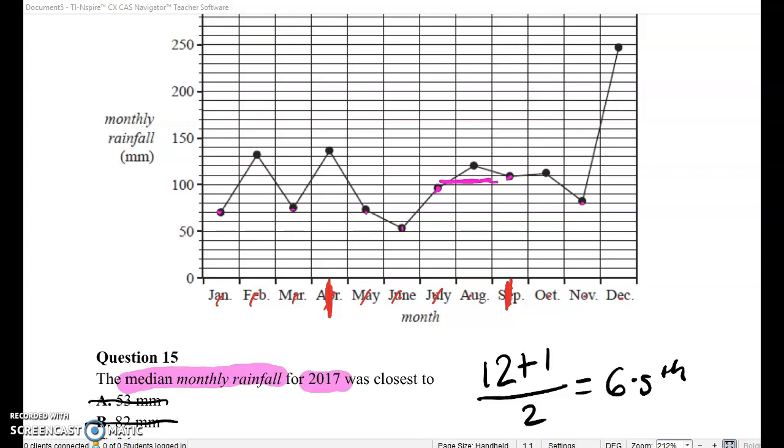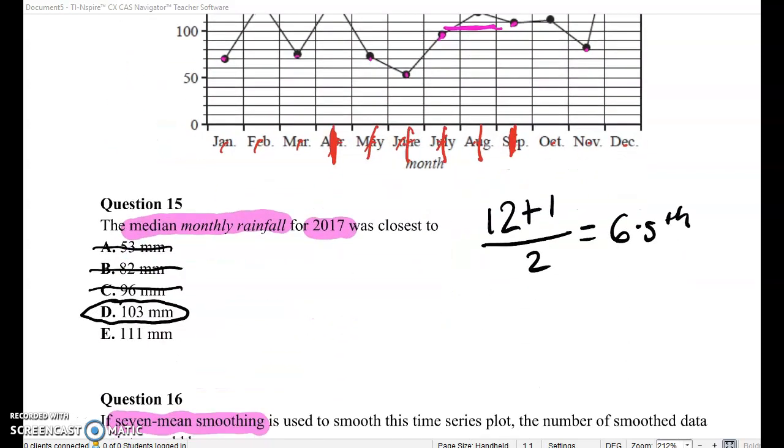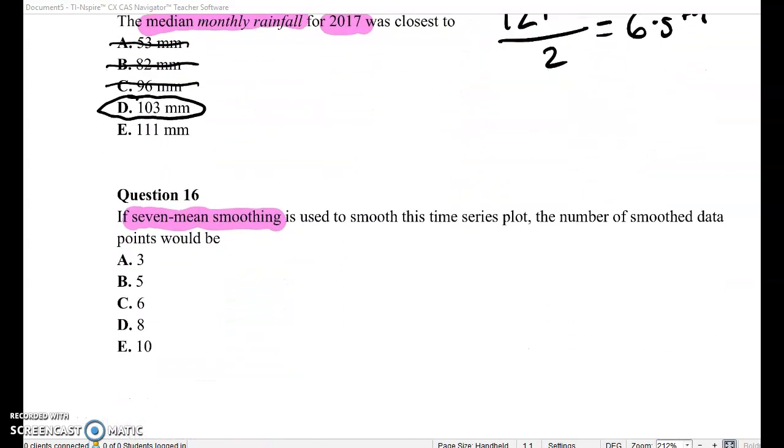So that means we can find 7 mean smoothing dots for April, May, June, July, August, September. 1, 2, 3, 4, 5, 6. So 6 out of the 12 months we can find smooth data points. And with that one, I've got 74% of the state answered that one correctly.